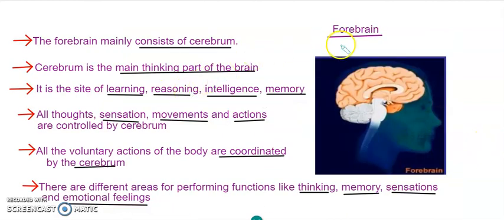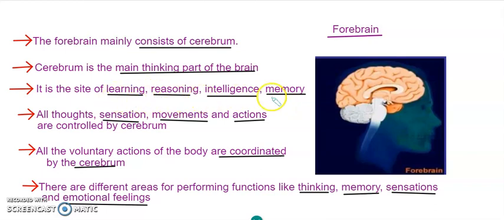So forebrain. As I have already mentioned, it is the major part of the brain and has multiple folds. It consists of the cerebrum. So what are the main functions of the cerebrum? It is the thinking part of the brain. All the learning, all the understanding, reasoning. Intelligence means how fast you can grasp a particular concept, or how easily you can memorize.